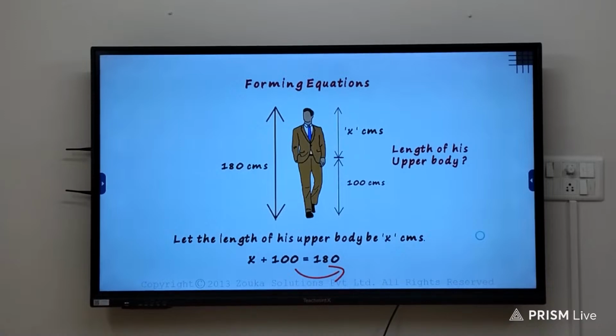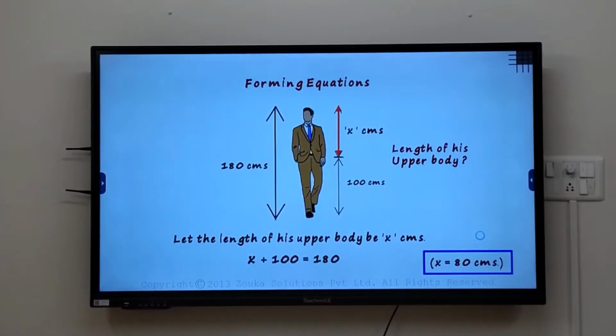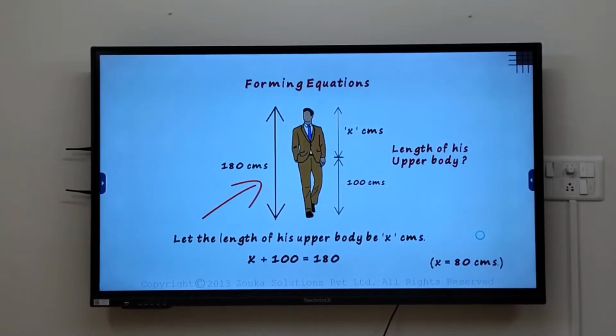This is the linear equation we have to form. After transposing 100 to the right hand side, you should get x as 80 centimeters. That is, the length of his upper body as 80 centimeters. Because we had John visualized here, we could easily say that the sum is equal to his total height. But all problems are not so straightforward. You would be given word problems and you would be expected to draw the figure or visualize it in your mind.